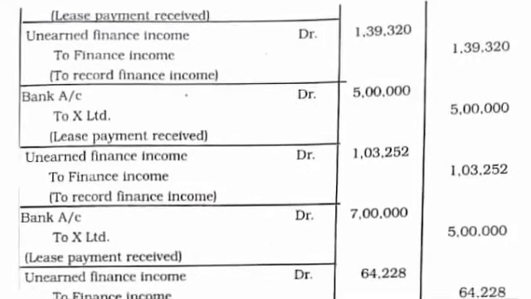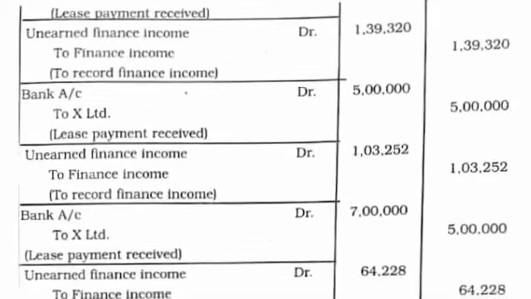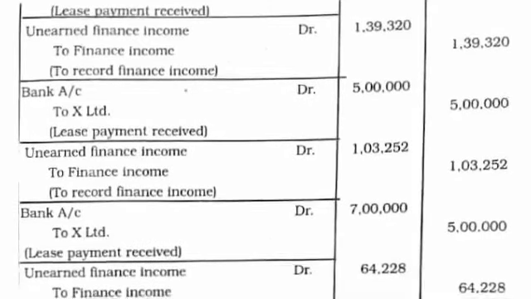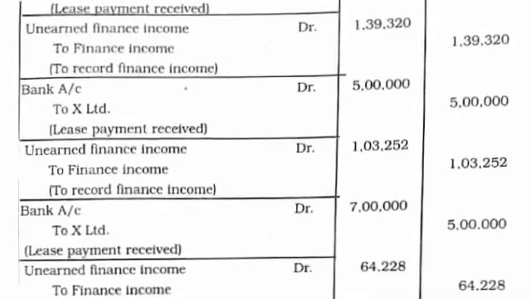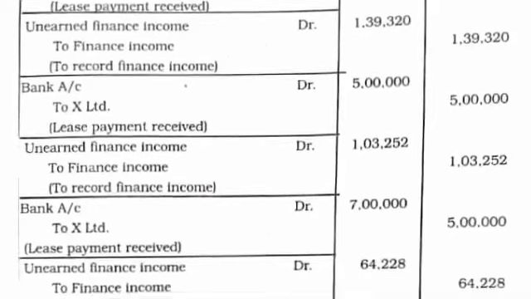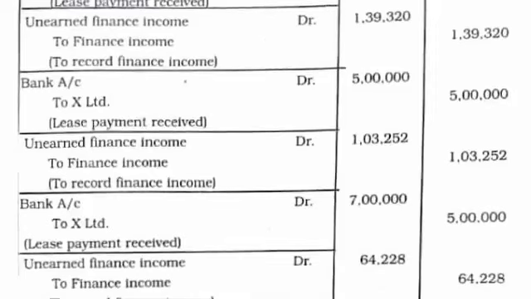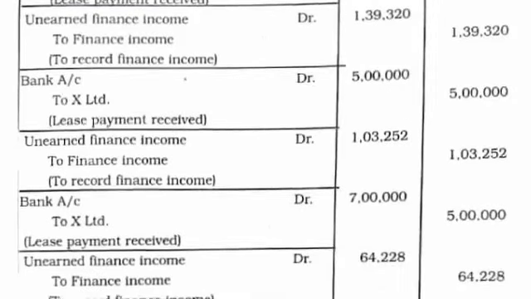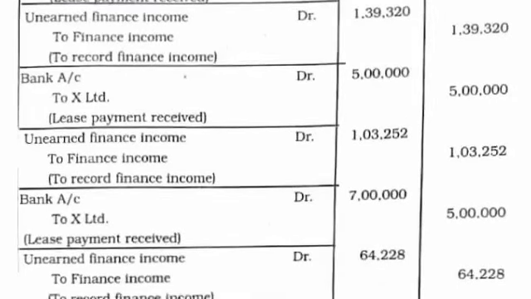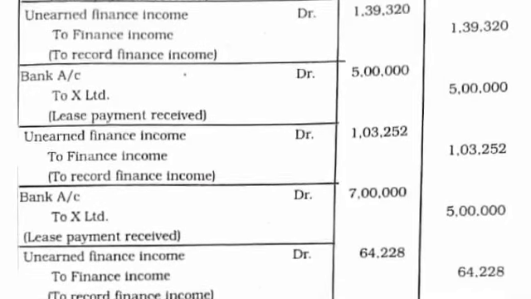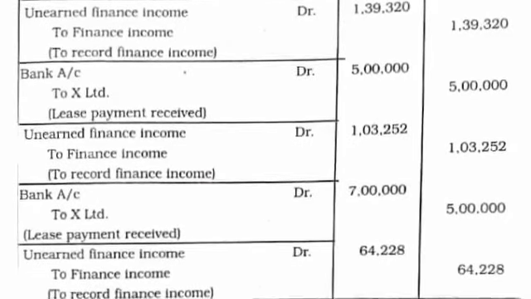Here it was 5 lakh earlier, but it is 7 lakh now. And finally show the last interest amount, unearned finance income debtor to finance income 64,228. These are the journal entries in the books of Y Limited. Okay, thank you.